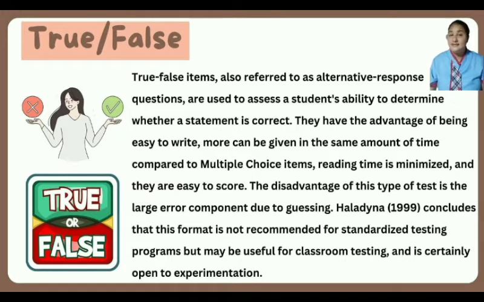Reading time is minimized and they are easy to score. The disadvantage of this type of test is the large error component due to guessing. Haladyna in 1999 concludes that this format is not recommended for standardized testing programs but may be useful for classroom testing and is certainly open to experimentation.